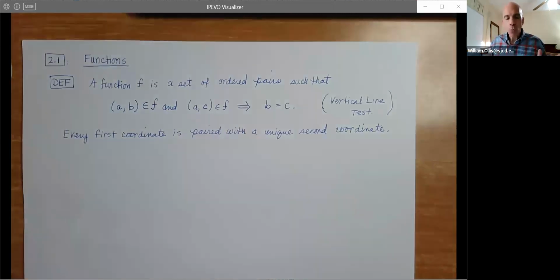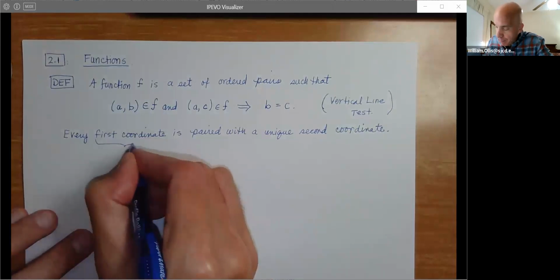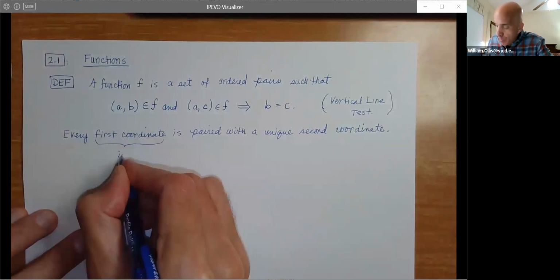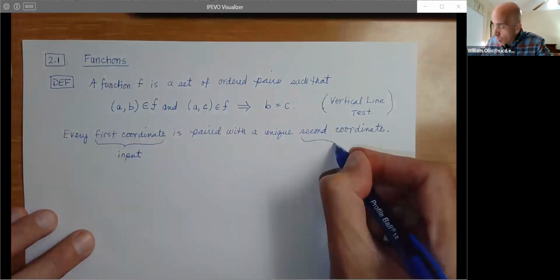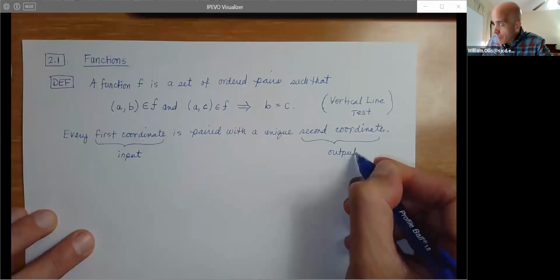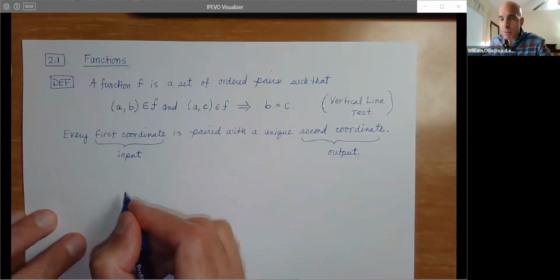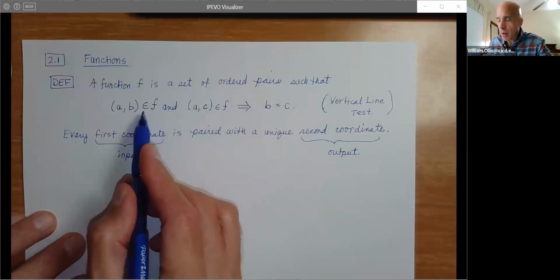So now what I want to do is just say the first coordinate is often called the input, and the second coordinate is often called the output. So basically, we think of a function as a machine. Now, we don't normally spend a lot of time with finite numbers of elements in a function.